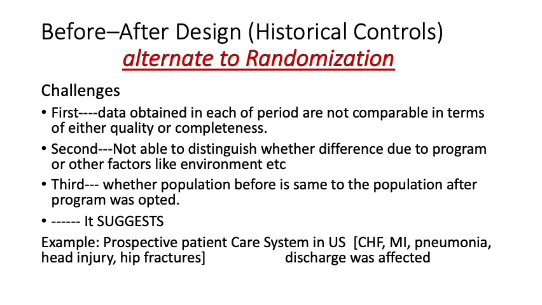So, before and after, the design of a historical control. The alternate to randomization is that, let's say, in Pakistan and Afghanistan there is an ongoing campaign or program for polio vaccines. Polio drops were being given to the kids. Before the start of the program, what was the percentage prevalence of polio virus, followed by after the implementation of the program?